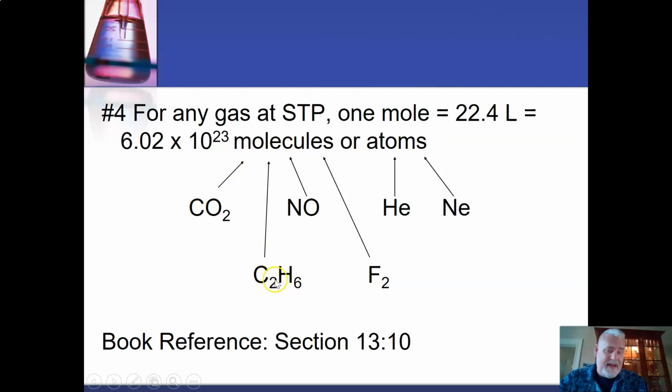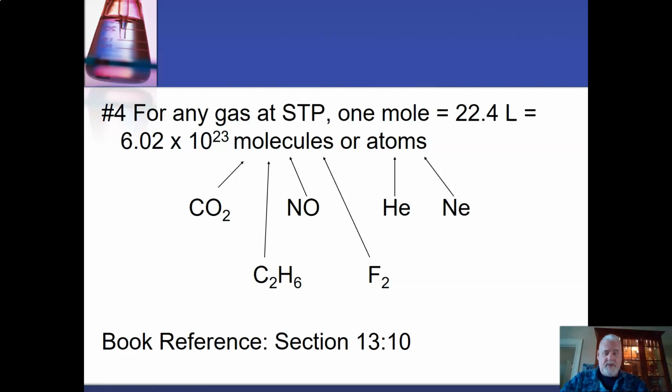This is ethane, the molecule, nitrogen monoxide, and a diatomic molecule, like in the Magnificent Seven, or if it's just a single atom, it doesn't matter. And it doesn't matter the size of these either. They will occupy the same volume no matter what they are.